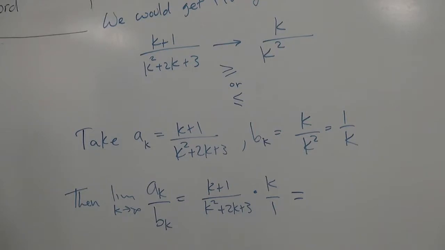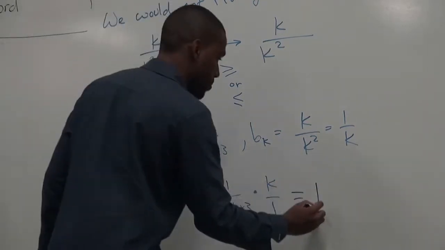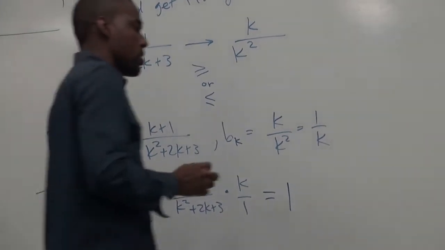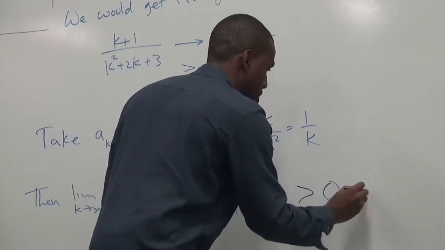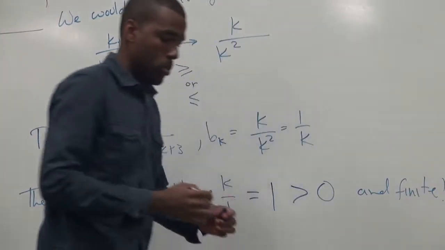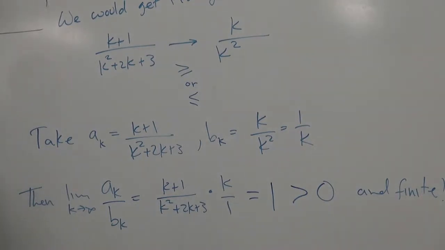That goes to 0. Huh? It's 1. Come on, my calc 2 geniuses. So that limit is 1, which is actually greater than 0, and of course finite, which means the limit comparison test applies.